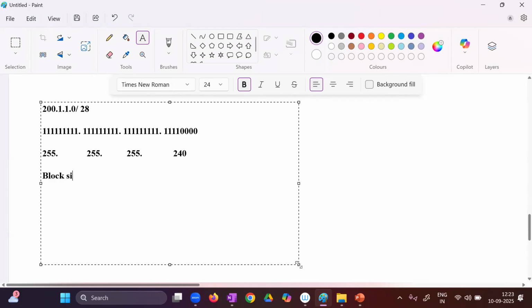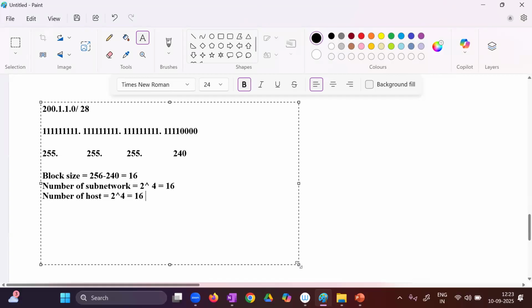Next, what will you do? Block size, right? That is going to be 256 minus 240. That is what? 16. Then the number of subnetworks is equal to 2 power the number of extra ones. What is that? 4. So it means 16 only, right? Next, the number of hosts is equal to what? 2 power 4, right?